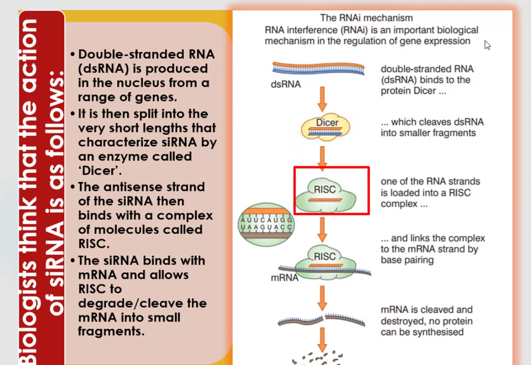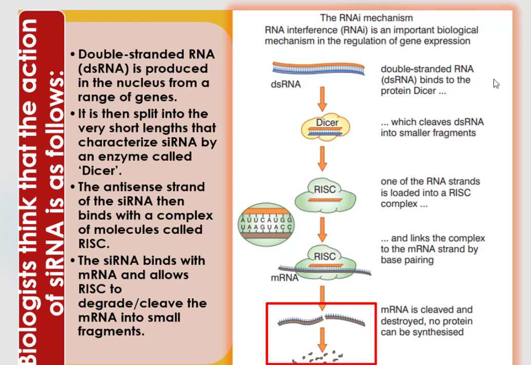Then the antisense strand of the short interfering RNA binds with a complex of molecules called RISC, or RNA-induced silencing complex. The short interfering RNA binds with mRNA and allows RISC to degrade or cleave mRNA into smaller fragments.